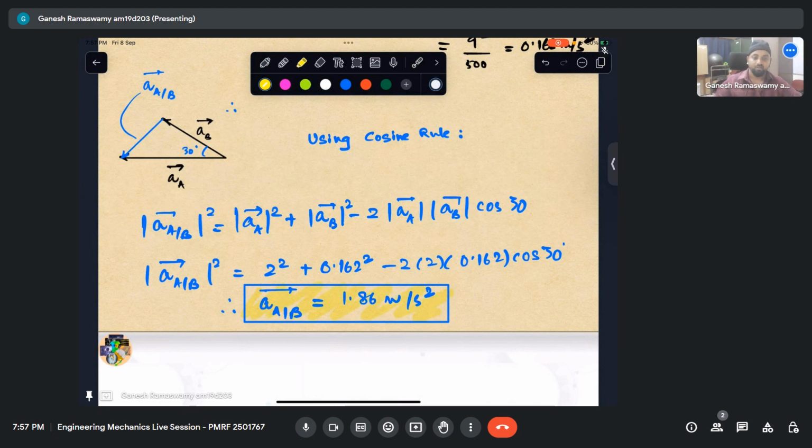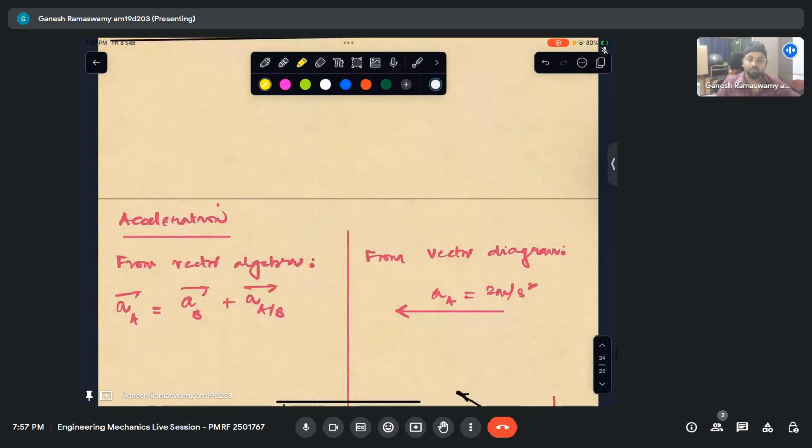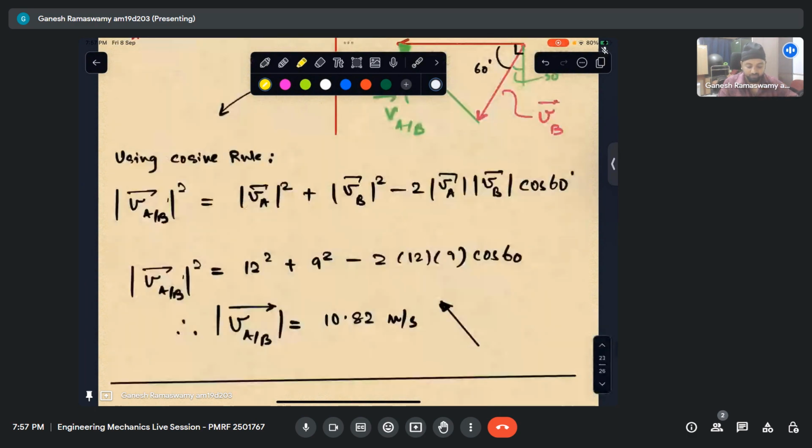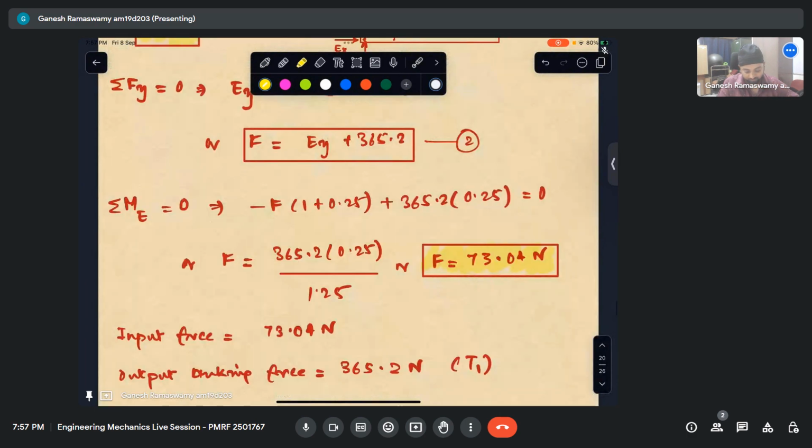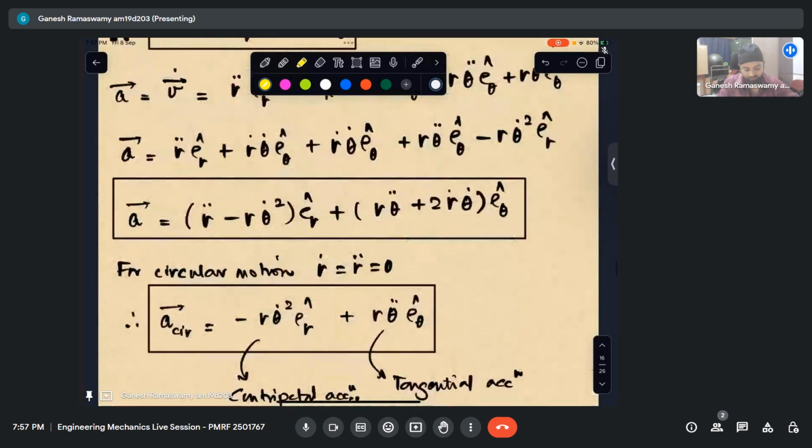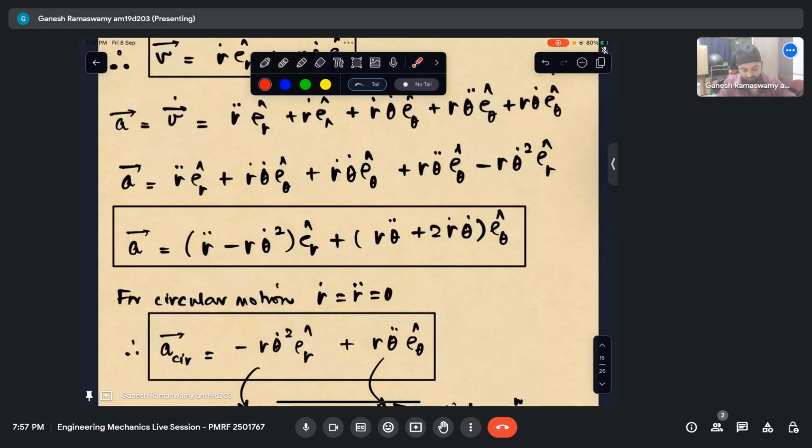Now, once we are confident with our particle dynamics, we will move to rigid body dynamics, with the constraint that the distance between one point and another point on the rigid body does not change. We have derived the equations here for a general case of particle motion with the frame attached to one of the points, and we are looking at the other point.